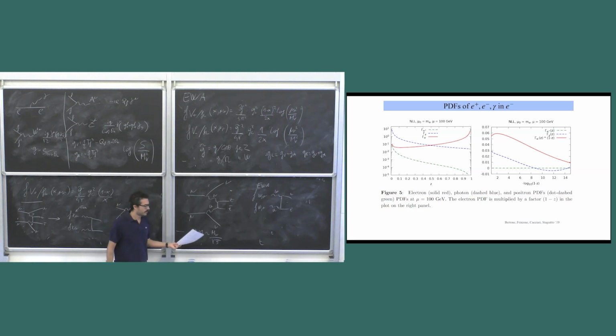Actually, when you calculate the amplitude, the energy entering the hard process is not the energy of the collider, it is the energy of the hard process. And we just showed that the vector bosons are peaked at small x, so this means that the partonic energy is much smaller than s.